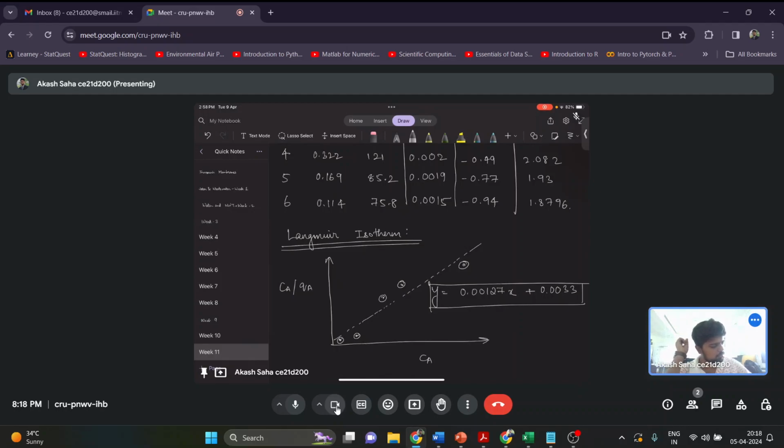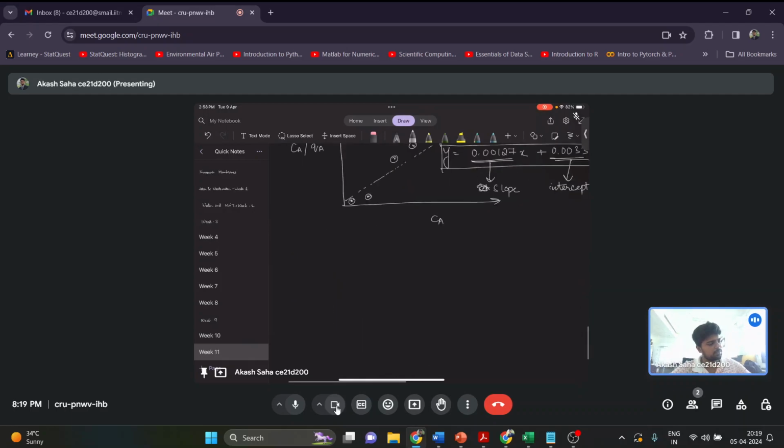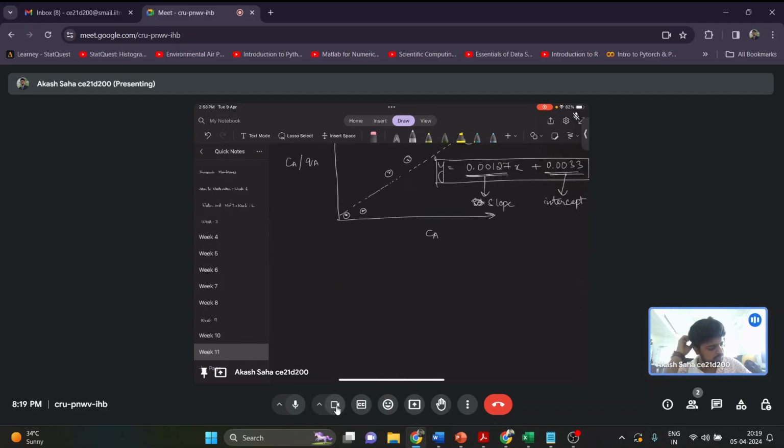Here this part will be my slope and this part will be my intercept. Okay, so both my slope and intercept we have got. If you see the Langmuir equation, the main equation is Ca by Qa equal to 1 by Ba Qm plus Ca by Qm.